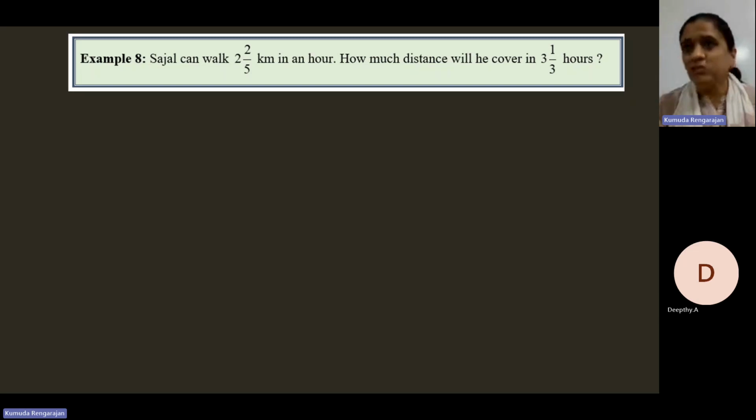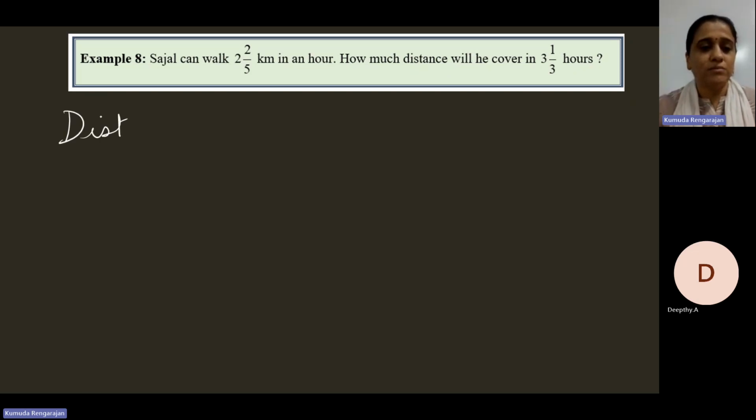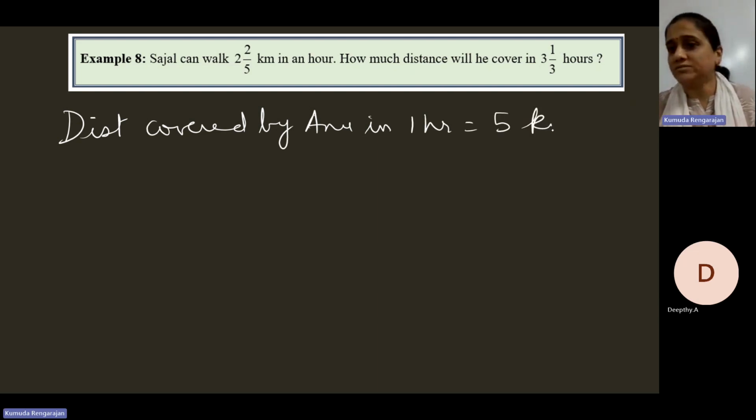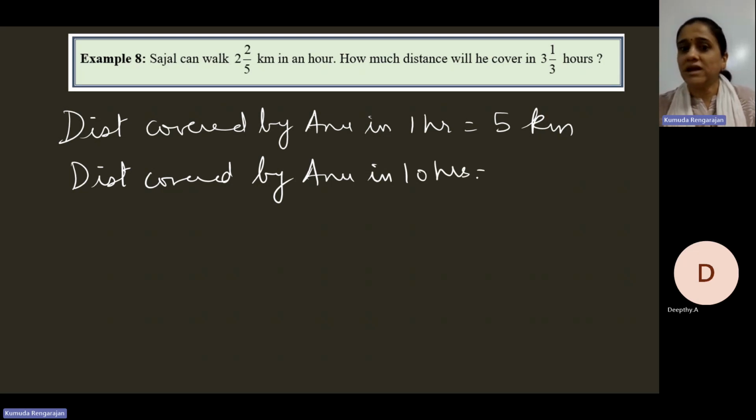Like supposing the distance covered by say Anu in 1 hour is 5 kilometers. Now, how much distance will he cover in 10 hours? The question is similar to this example, right?